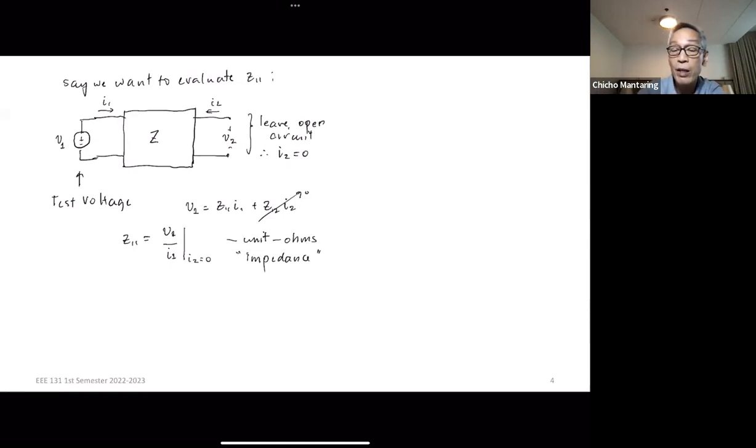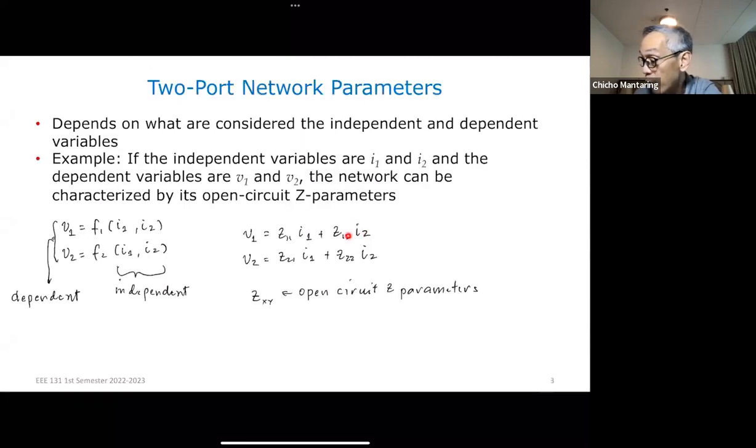So depending on what you want to evaluate, for example, if I wanted to evaluate Z12, then I would have to open circuit my port 1 and apply a test voltage at port 2. So that's how I will implement Z12.